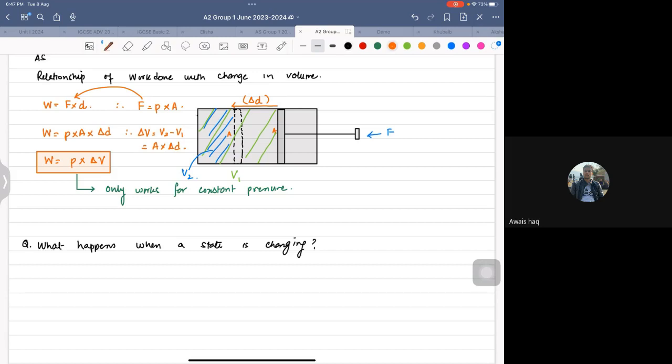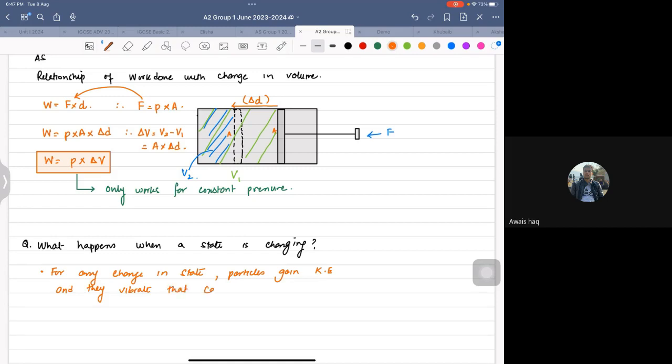We must remember that for any change in state, particles gain kinetic energy and they vibrate.